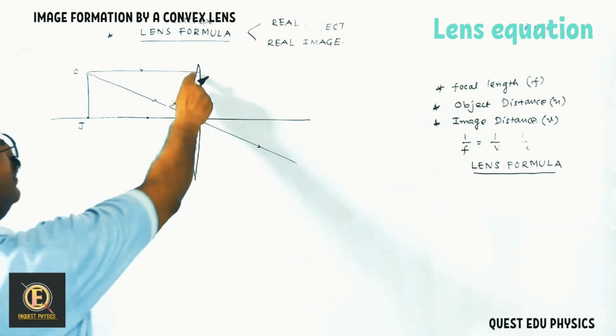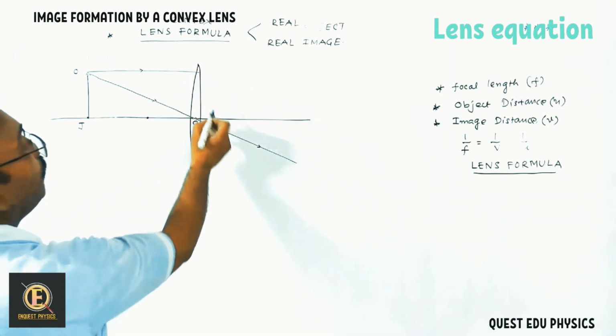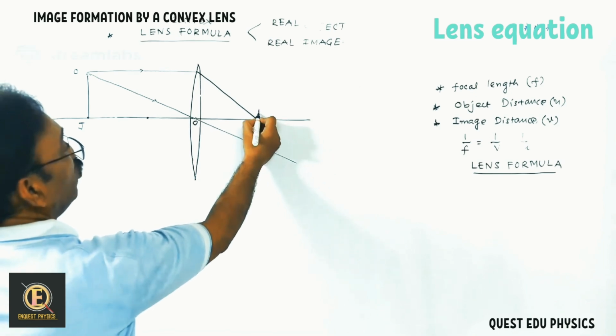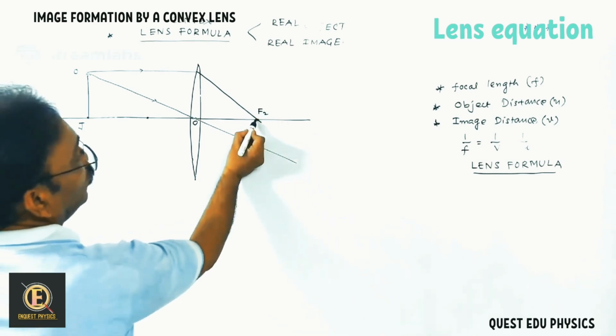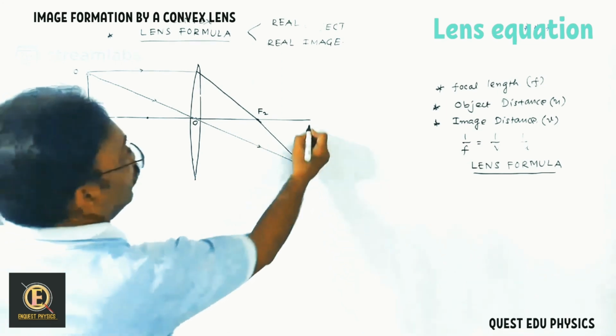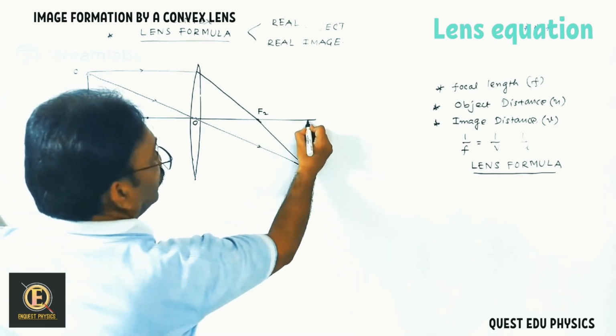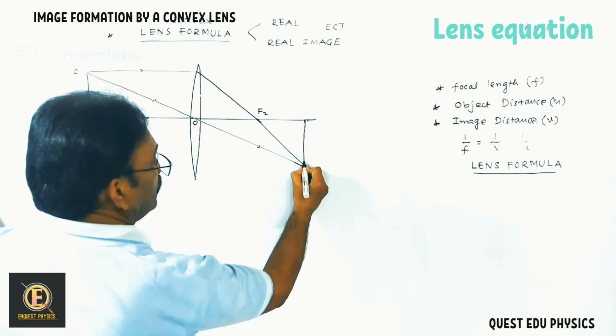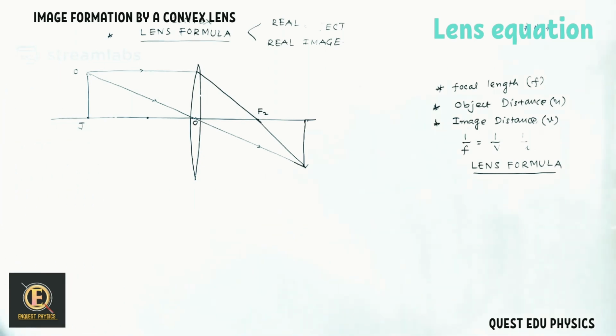It is the image position. Okay, students. It is the object, extended object. I am calling it AB. And the image we form, I am naming it as A dash B dash.